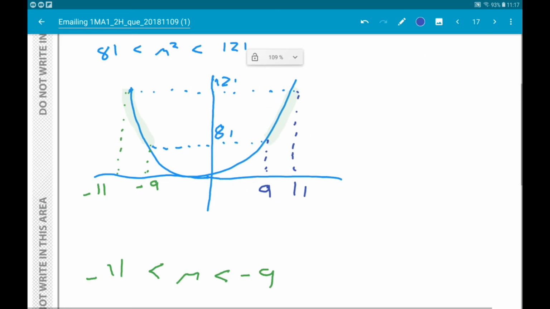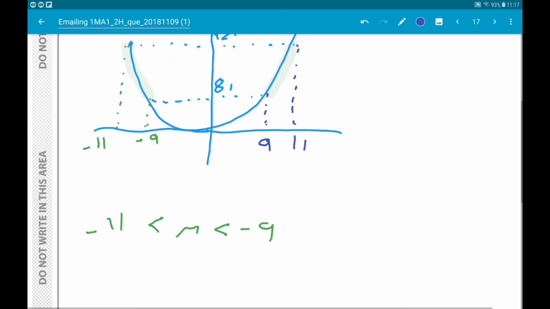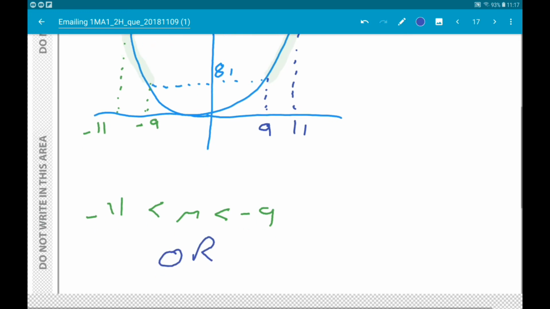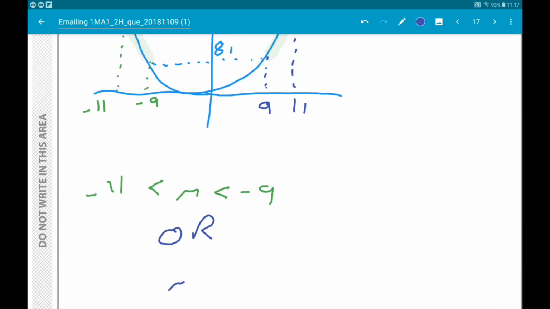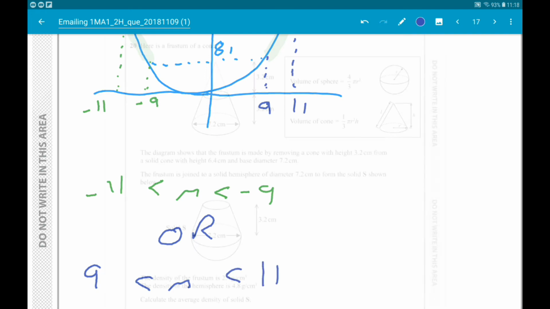So the other solution is that m is strictly greater than 9 and strictly less than 11. So those are our two solutions.